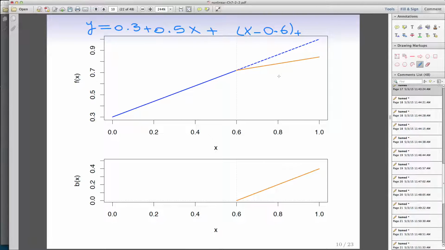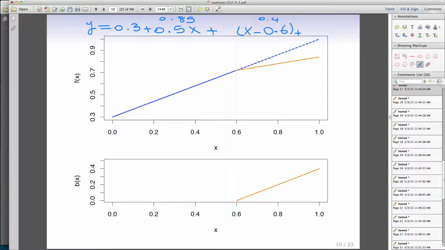So at x equal to 1, it becomes 0.85, for example.